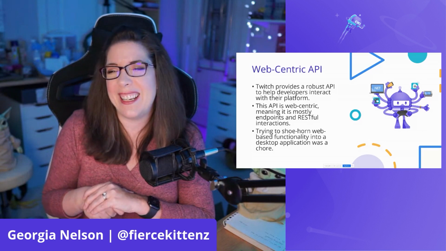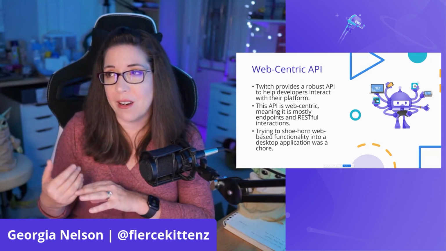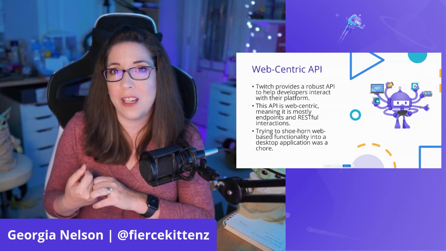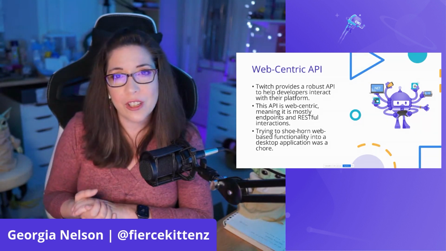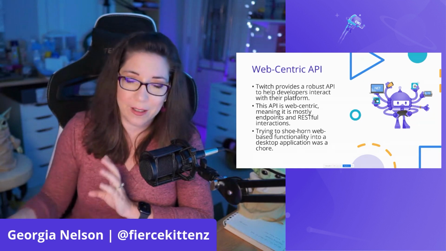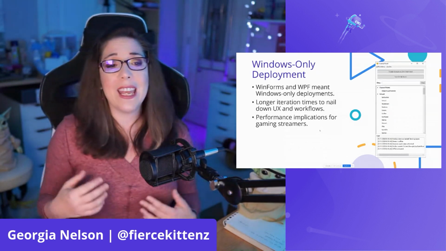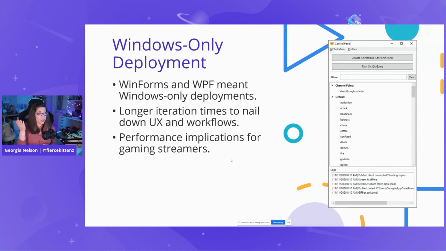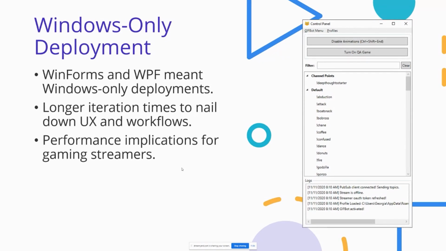And I mean, it sounds ingenious, but it's really a dirty shoehorned solution for a problem that has already been solved in a million different ways. So again, the Windows-only deployment, and here's an example of what the UI looks like in the original application. This one was a desktop application that would get installed, and you would run it right there on your PC.